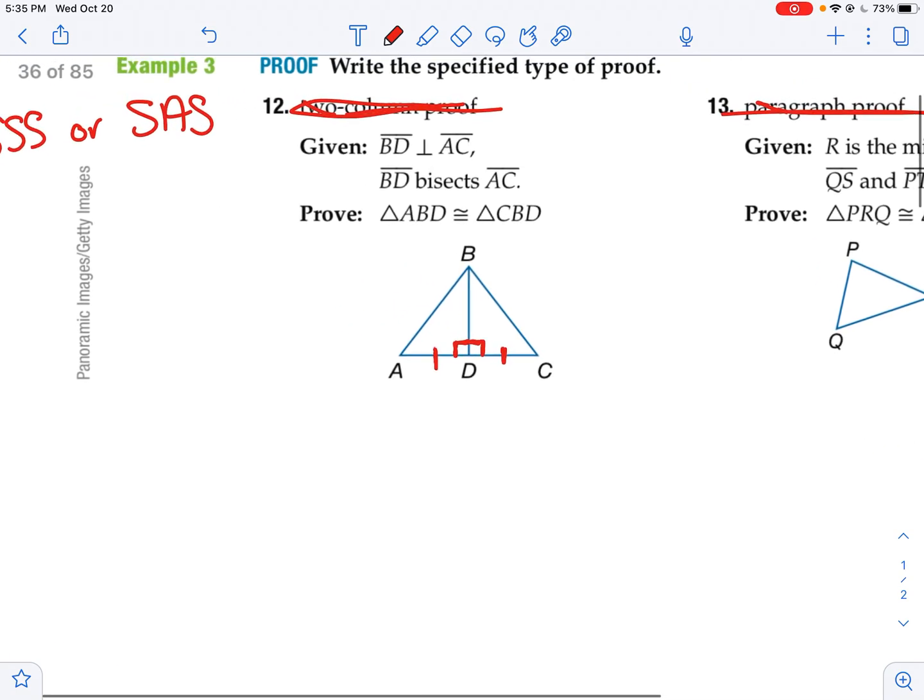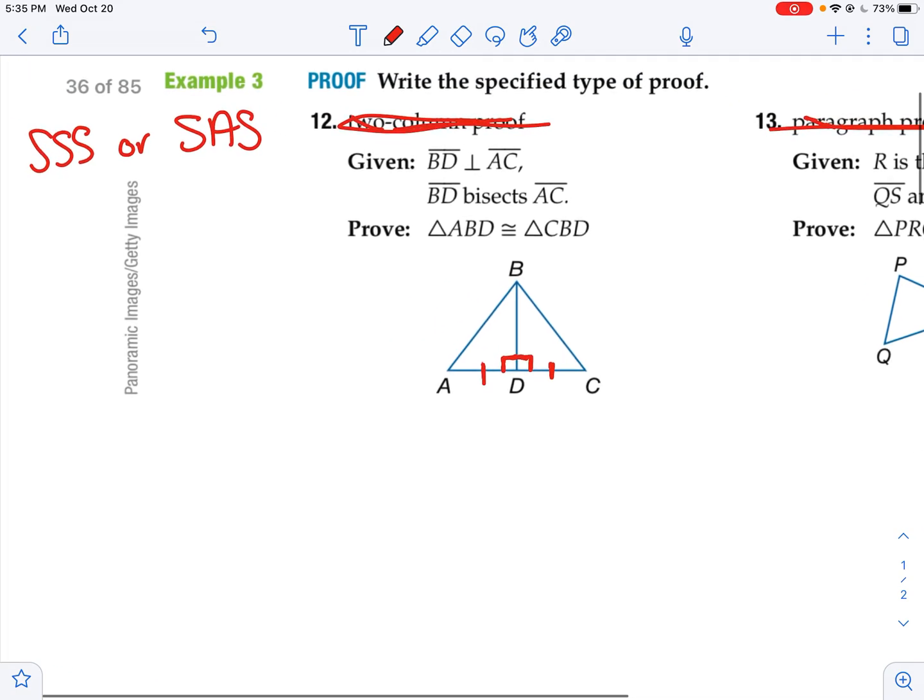I want to prove that triangle ABD is congruent to triangle CBD. There are two ways I could do that. I could either use three sides or two sides and an angle for side angle side. So I'm either going to use side, side, side or side angle side.